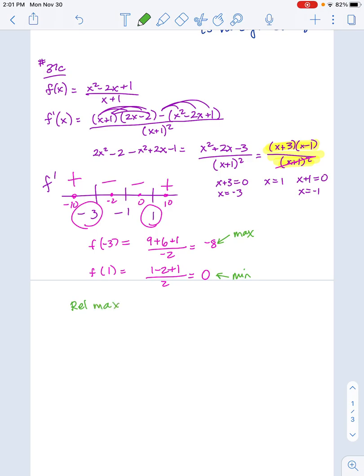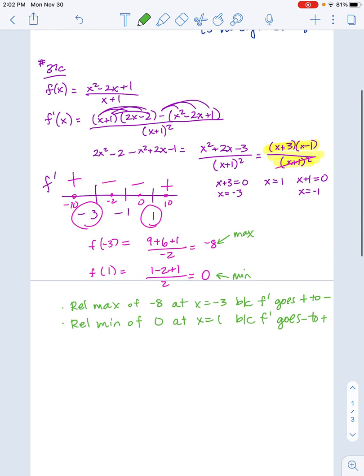So relative max of negative 8 at x equals negative 3, because f prime goes plus to minus, and relative min of 0 at x equals 1, because f prime goes minus to plus. All right.